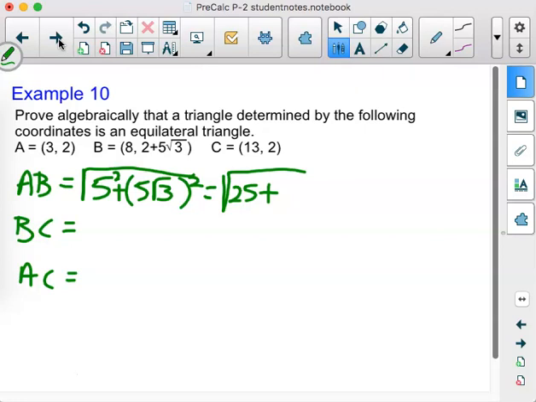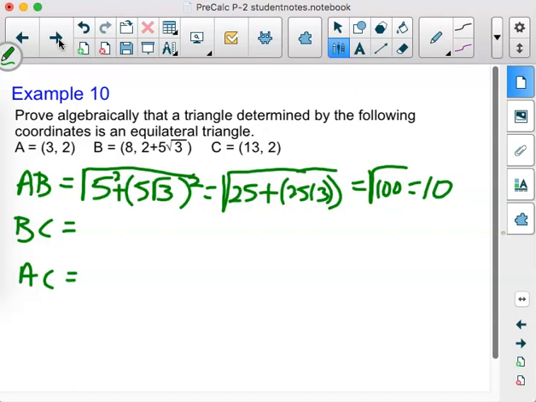So it's going to be 25 times 3. Because the 5 squared is 25, and the square root of 3 squared is 3. Well, that's 25 plus 75. Oh, like that number. Square root of 100? 10. Oh, I hope they're all that. Well, they're supposed to be. If they're not, we're in trouble. You know, it's supposed to be equilateral.